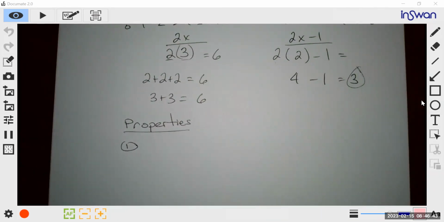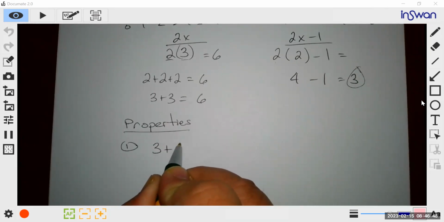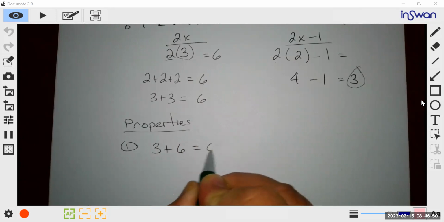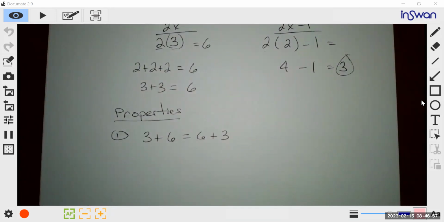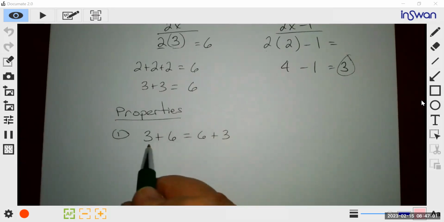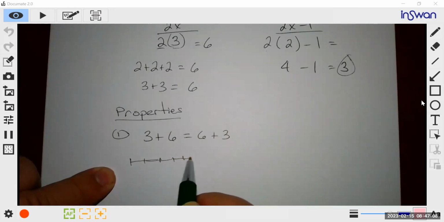Well, we've shown so far that, for example, 3 plus 6 is the same thing as 6 plus 3. Is that a true statement? Yeah, if I start off and go 3 spaces, 1 2 3, then count 6 more, 1 2 3 4 5 6, I get 9.